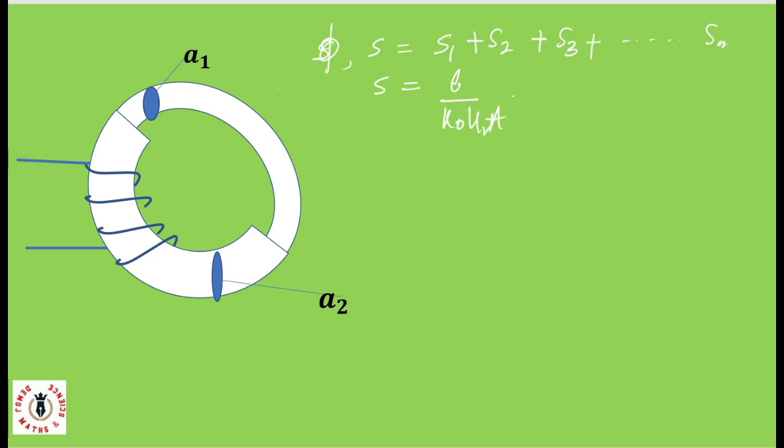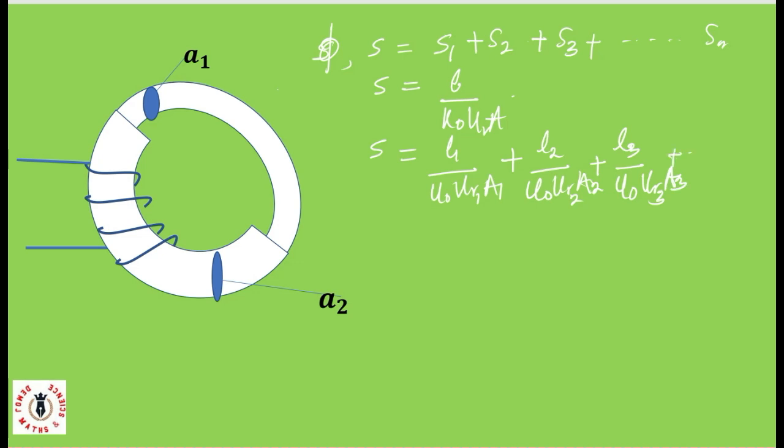So I can now say that S here will be the same thing as, in place of S1, I'll have L1 over mu naught, which is universal, mu r1 depending on the material, A1, plus L2 over the universal mu naught, mu r2, A2, plus L3 over the universal permeability, mu r3, A3.